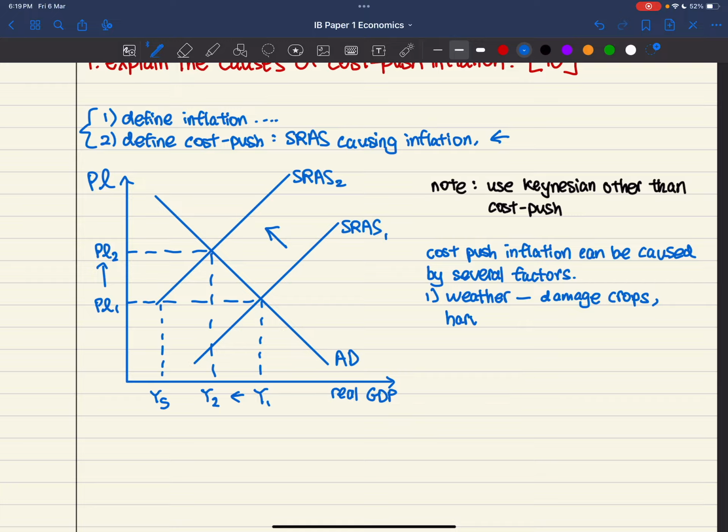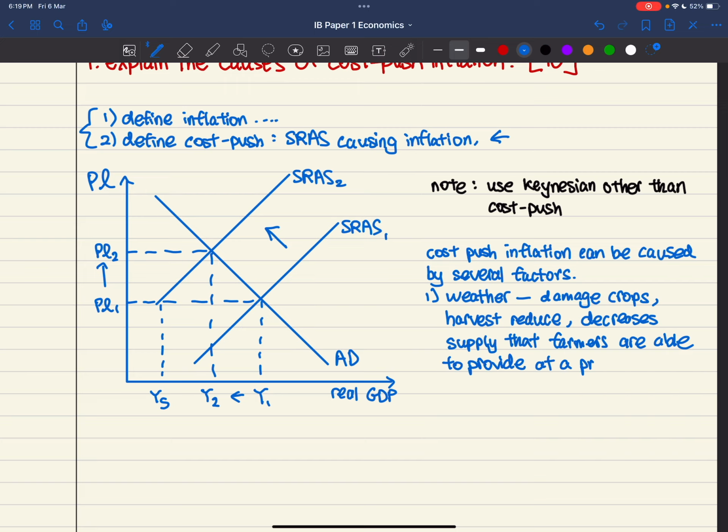Harvest reduces. Decreases the supply that farmers are able to provide at each price level.